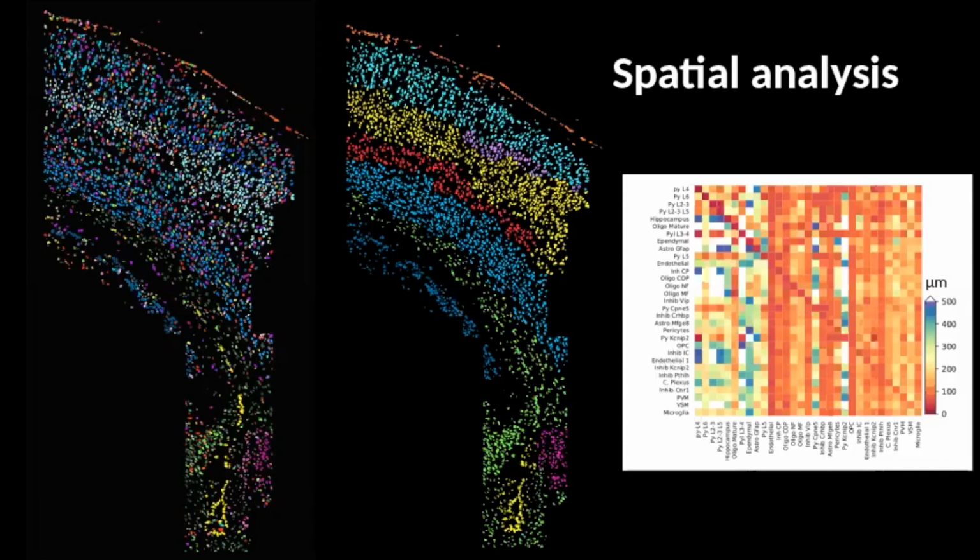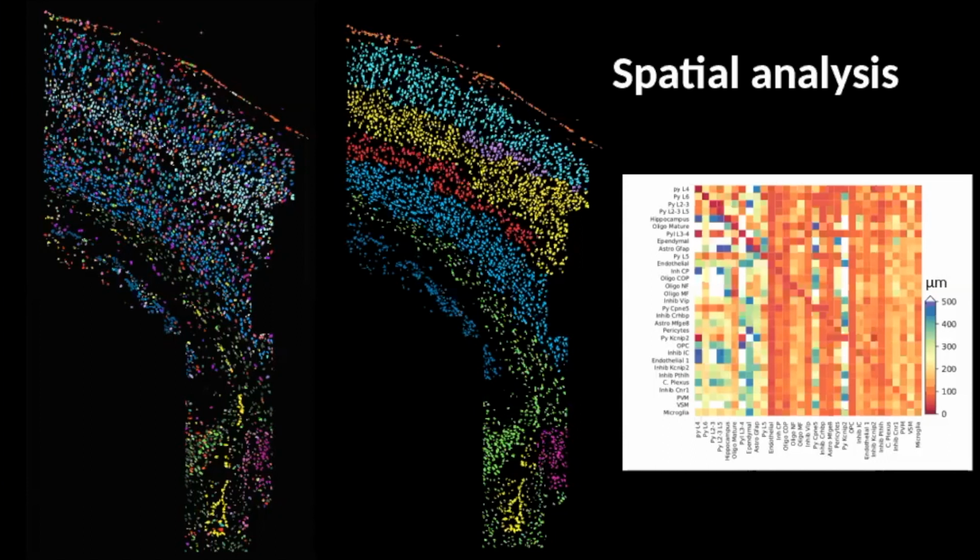So the cortex of the mouse brain consists of different layers of different neurons, and we try to find those layers in a sort of unbiased way, because historically these anatomical maps have been made by people looking at morphology, looking at cell densities, and then drawing by hand the different regions.